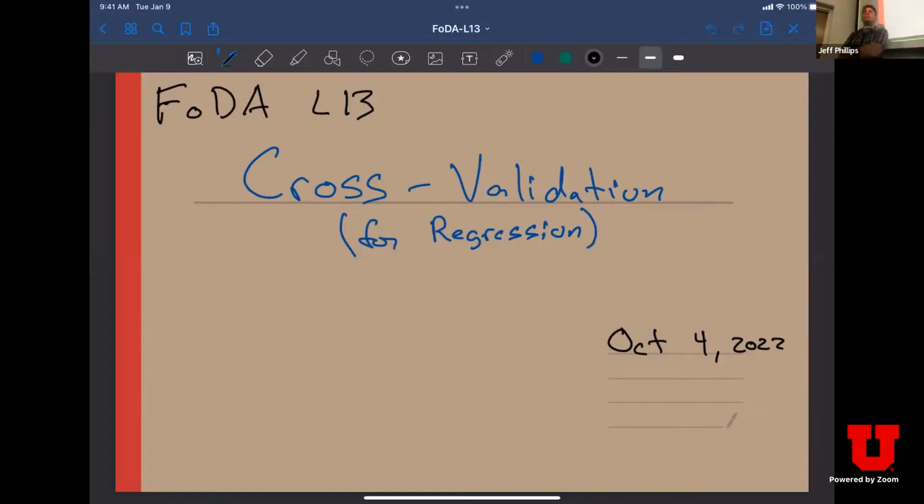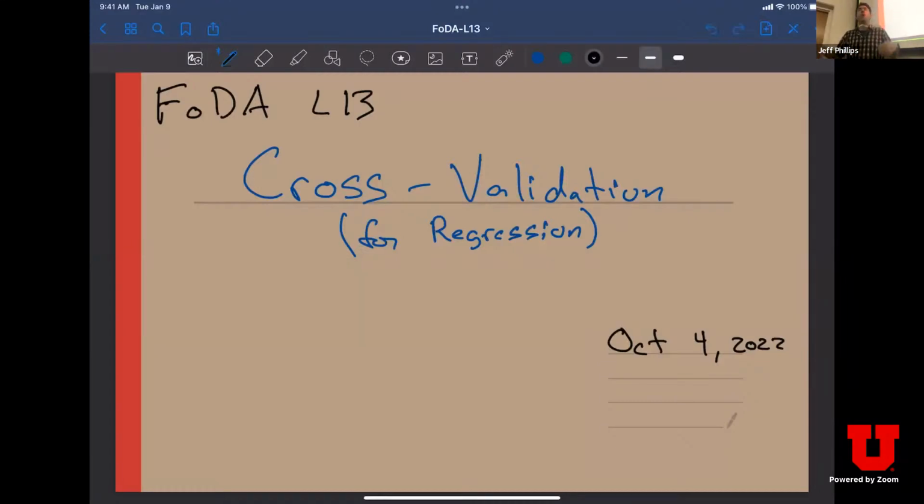Cross-validation. Particularly we'll talk about this in the context of regression, mostly from the perspective of questions around polynomial regression. But this is a major technique or viewpoint in how people think about data analysis, and it applies to lots of other contexts.